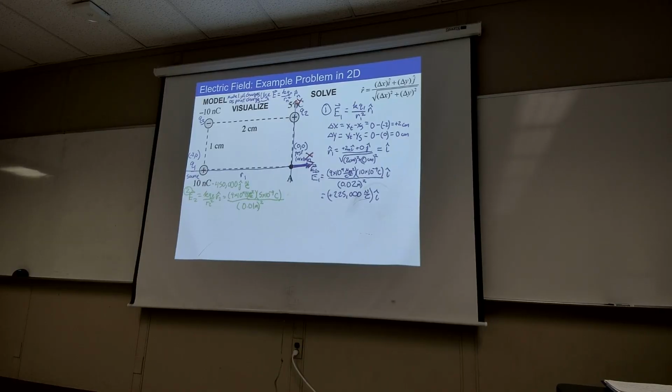Okay, and then we need to figure out our R2 hat. For that, we need to calculate our delta x and delta y: x test minus x source, y test minus y source. Test location is the same, that has not changed, so we'll put 0 and 0 here. Our source location though is our new source location for this charge.